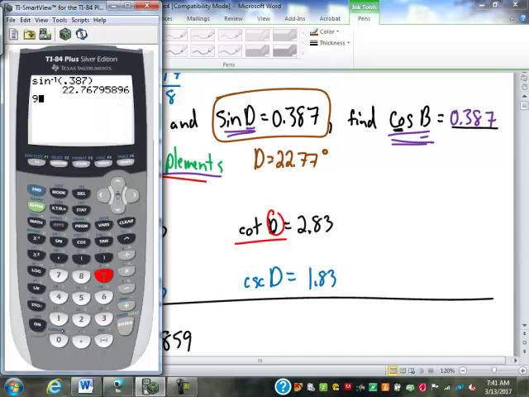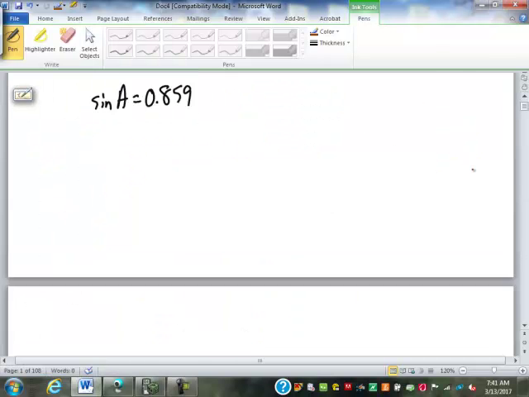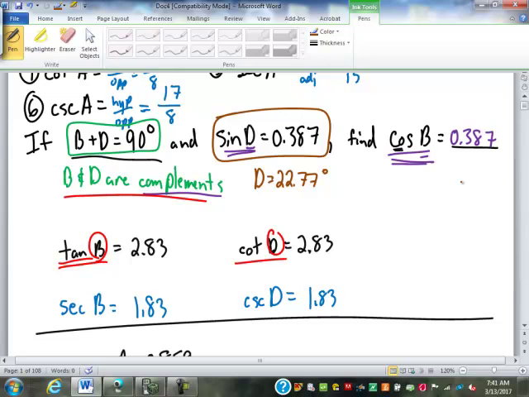Well, then I'm going to subtract that from 90 to get its complement. And then I'm going to do the cosine. That answer is 0.387. So you can go about that way too, of finding the angle and stuff like that.